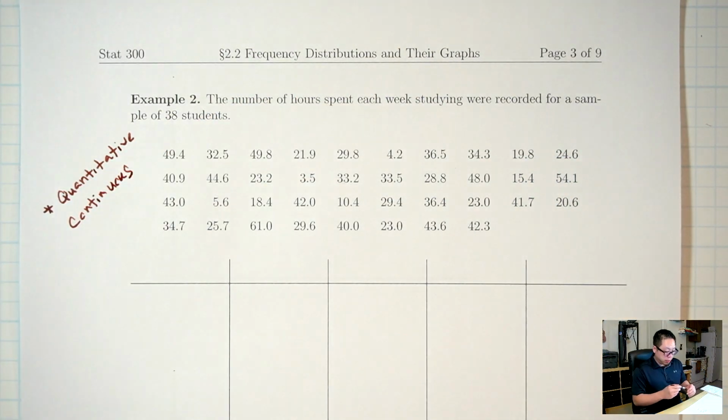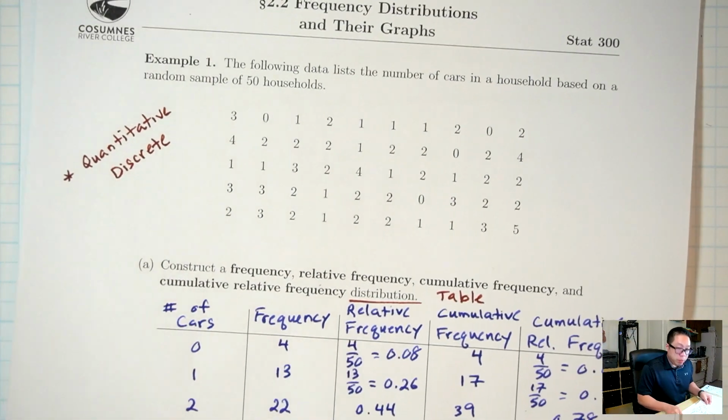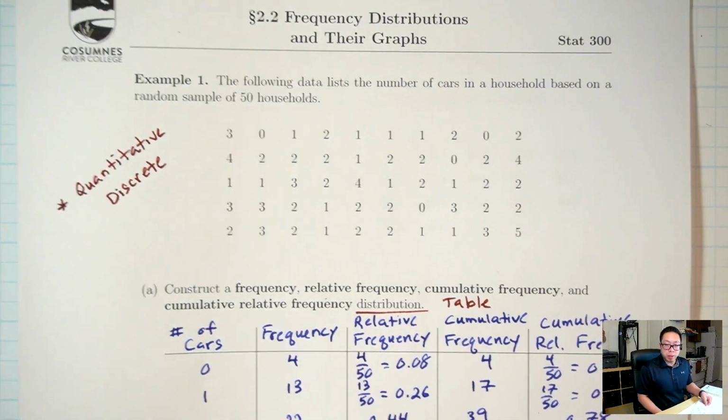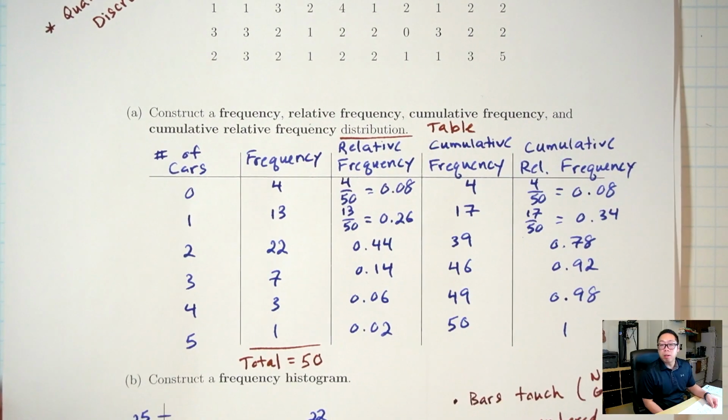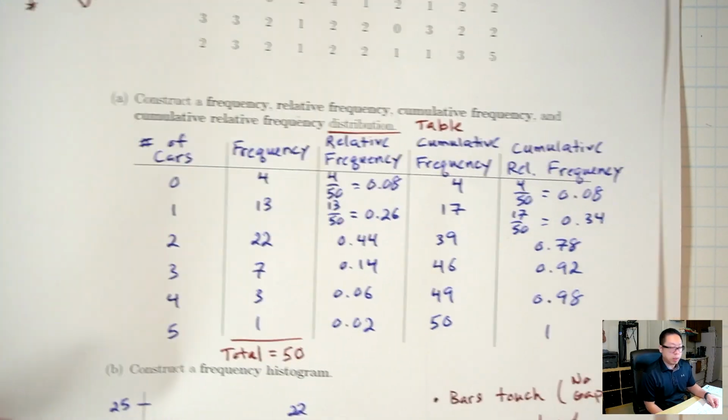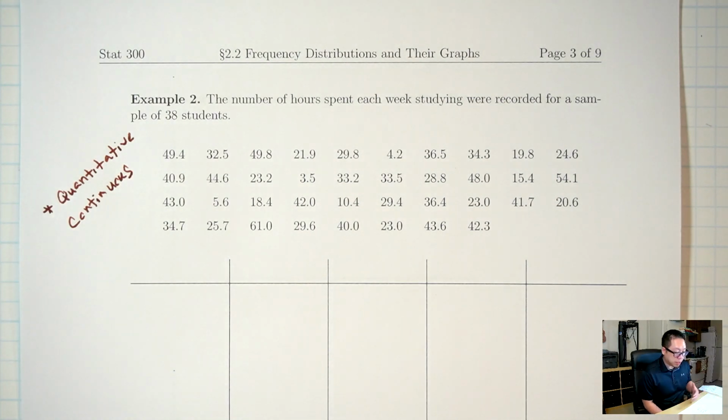So what do you do differently? In example 1, because it was quantitative discrete, we were able to list out all of the data values. In example 2, because it's continuous, because you're allowed to have any decimal as a value, you can't just list out all of the decimals. There's just too many. So what do you do?